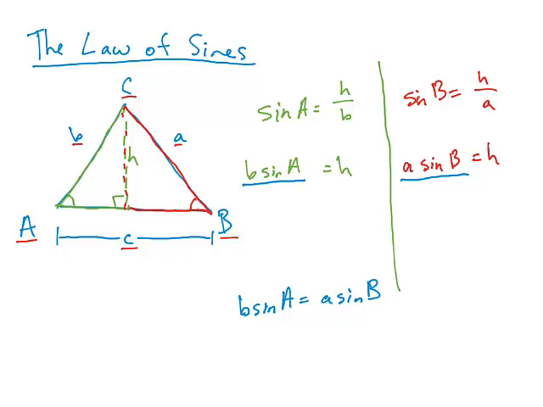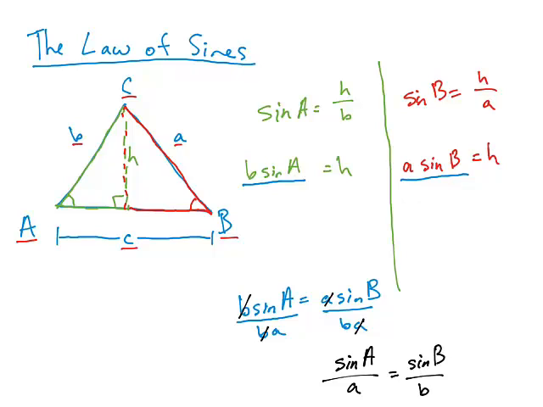And what I can do is, well, if I divide both sides by ba, on the left-hand side, the b is going to cancel. On the right-hand side, the a will cancel. What we're left with is sine of A over side a is equal to sine of B over side b.